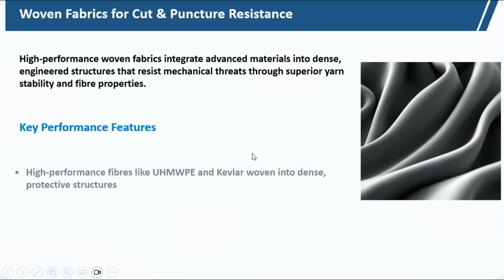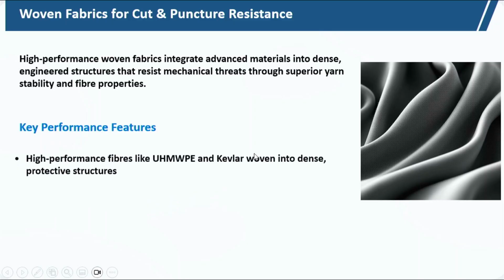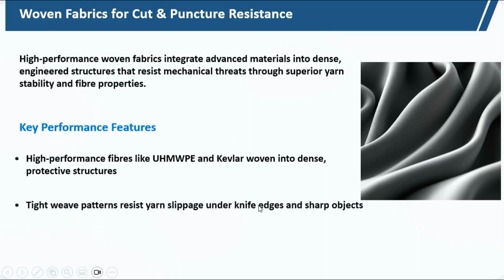Key parameters are high performance fibers like ultra high molecular weight polyethylene or Kevlar woven into dense, protective structures. If we create a dense fabric with these fibers, we can create a cut and puncture resistant fabric.